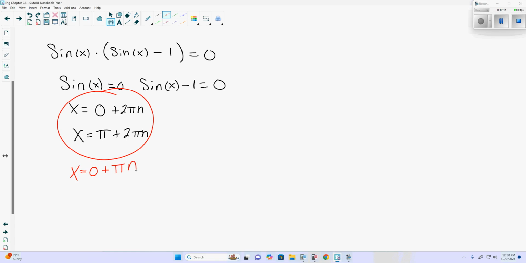The way that we pick between 0 and pi, in this case, is we pick whichever one's the smaller of the two angles. And yes, that's a little funny to write, yes? What's 0 plus pi n? Just pi n. Because n can be any integer, if n is 0, the whole thing goes to 0. It's our first one. It's kind of funny that it works that way, but it does.